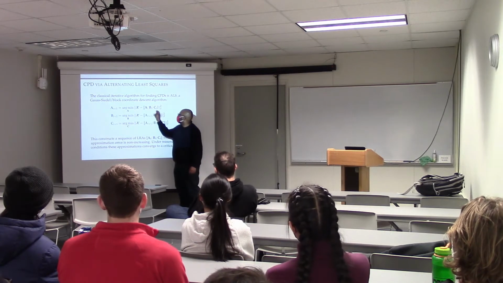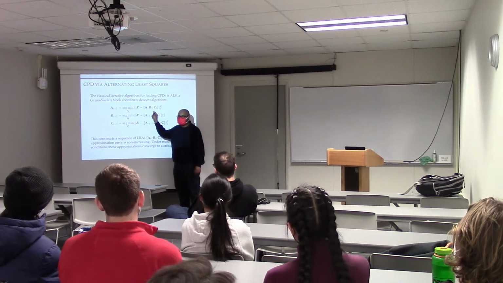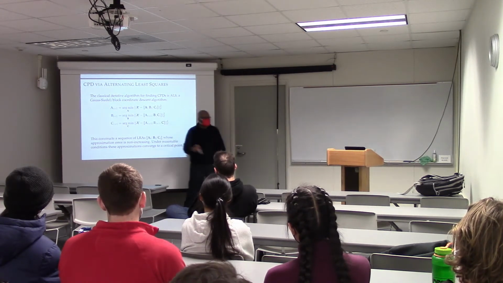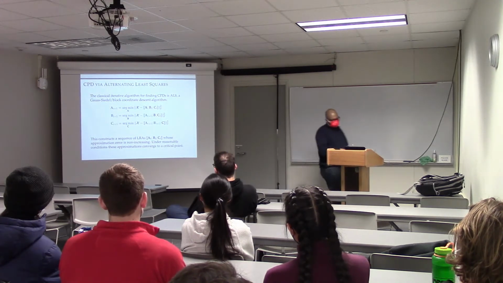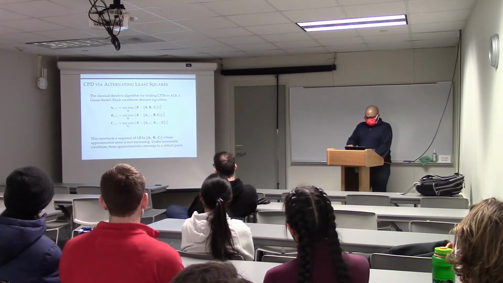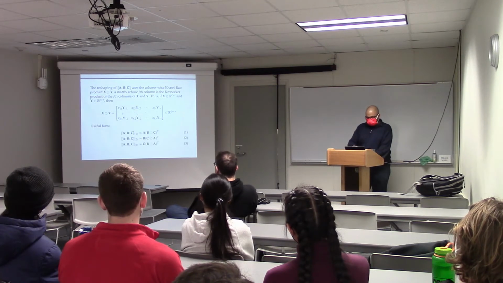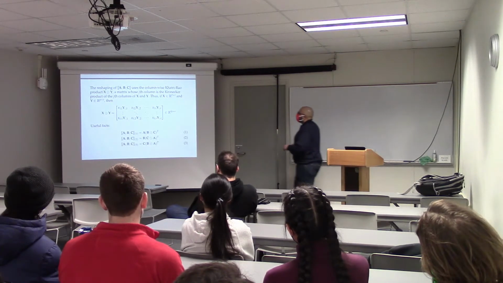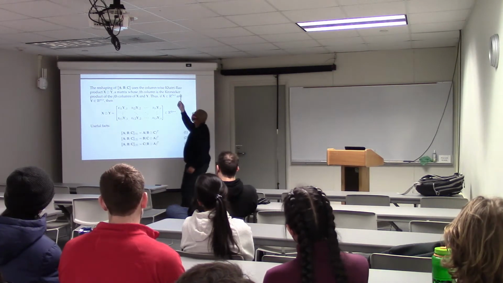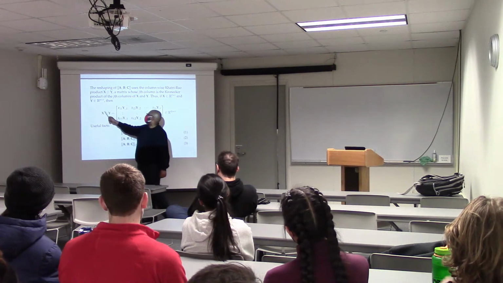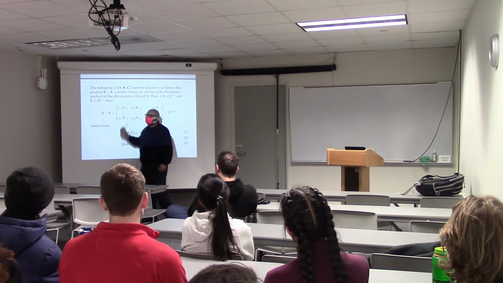Then I need to reshape this low rank tensor approximation into a matrix as well. So let's look at how we do that. The way that I do that uses what's called the columnwise Khatri-Rao product, which we're going to write as x circle dot y.